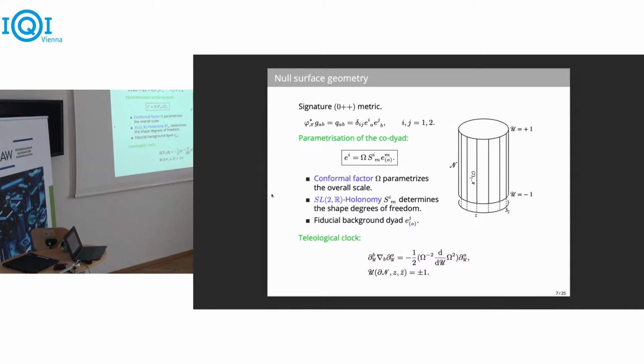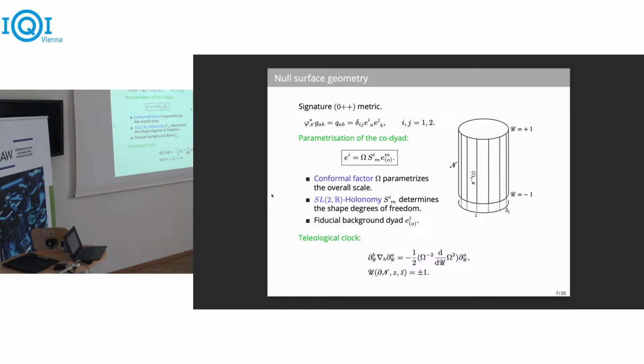Now, a two-dimensional metric determines the shape of triangles, let's say. And so to understand the degrees of freedom in this metric or in these orthonormal frames, we can think of these triangles. The triangle will be characterized by its overall area, which is encoded in the conformal factor omega, but also in shape degrees of freedom that, however, preserve the area.